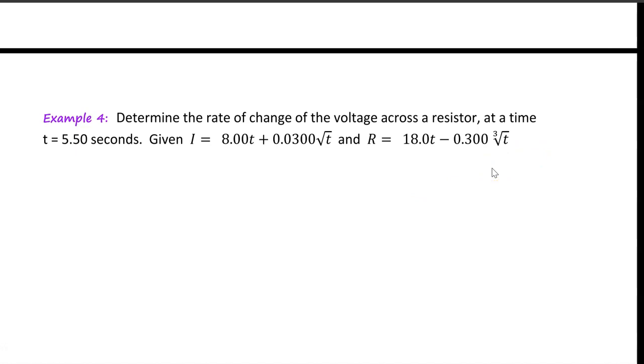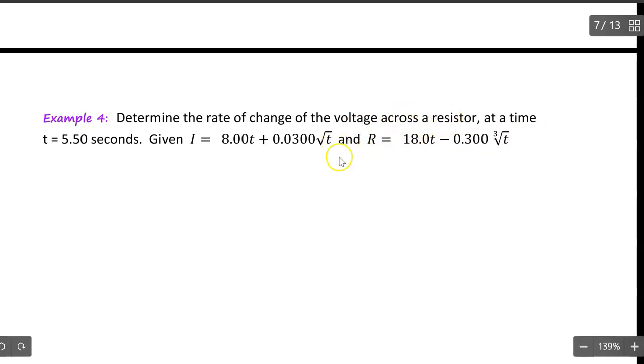Okay, so now this example is asking me to determine the rate of change of the voltage across a resistor. And if you go back to the formulas that I gave you, I don't have any formula for the rate of change in the voltage across a resistor, right?